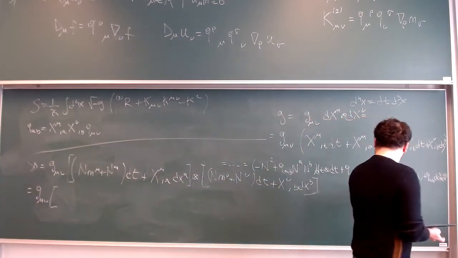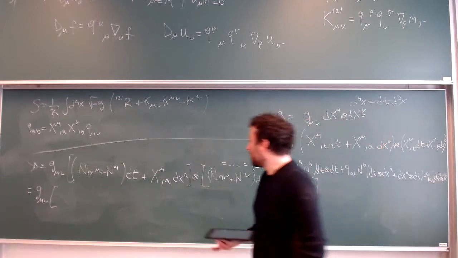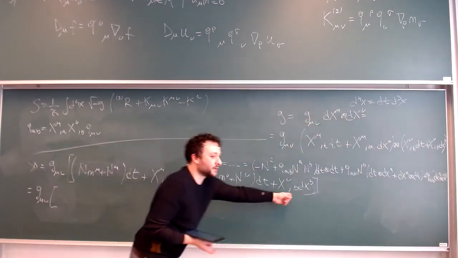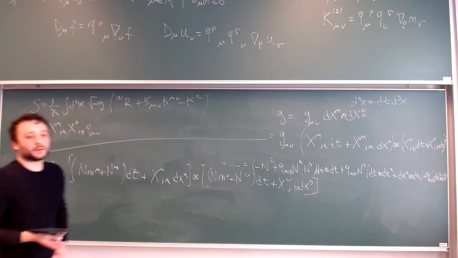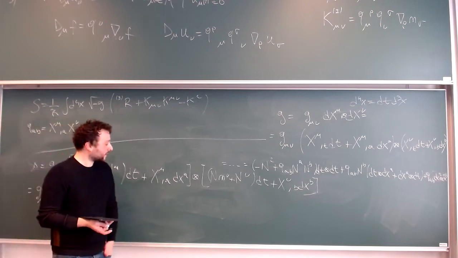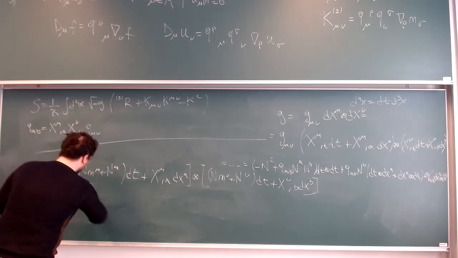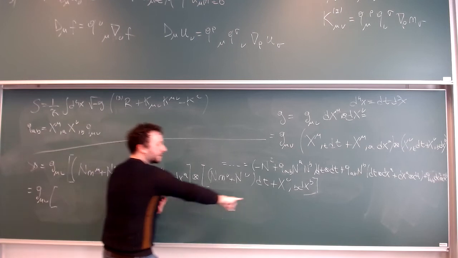That will come from g_mu nu, this and this. So how do you get a q and not a g? Just because here we have from g_mu nu this and this.